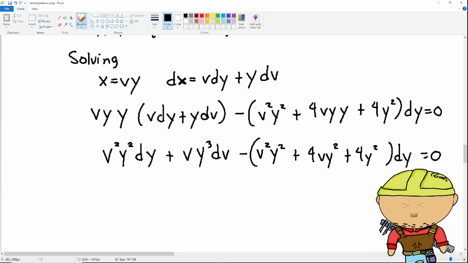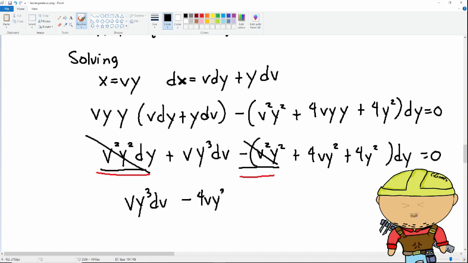So we have v squared y squared positive with negative v squared y squared, so we can cancel those two. Then vy cubed dv minus 4vy squared minus 4y squared dy.